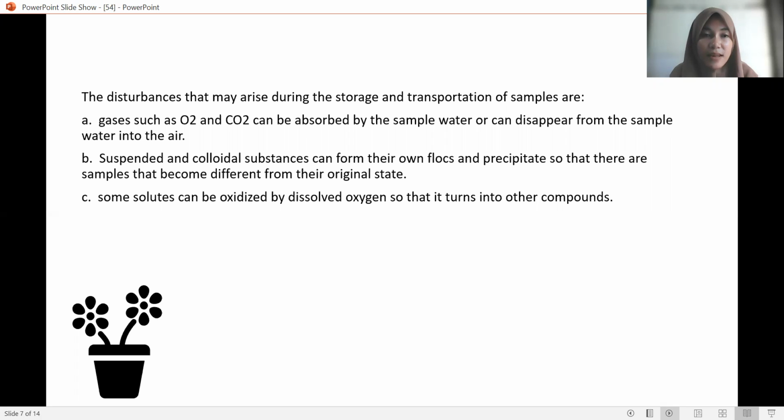B. Suspended and colloidal substances can form their own clumps and precipitate, so that the samples become different from their original state. C. Some solutes can be oxidized by the loss of oxygen so that they turn into other compounds.